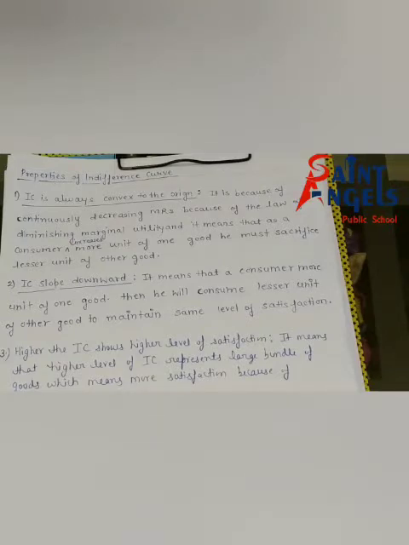As you know, in my previous video we discussed the indifference curve with the help of a schedule and diagram, and we are studying the ordinal approach, trying to understand it with the help of indifference curve analysis.